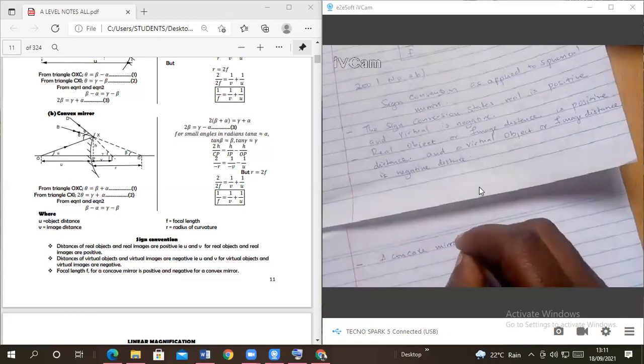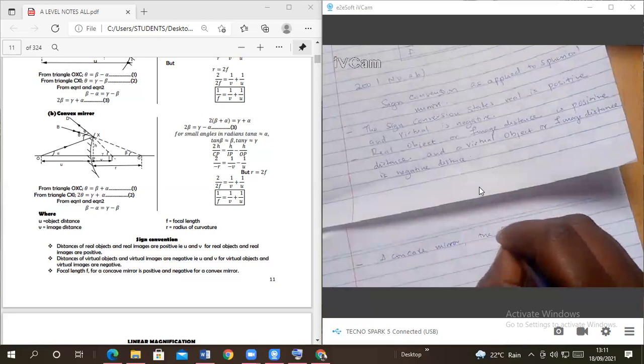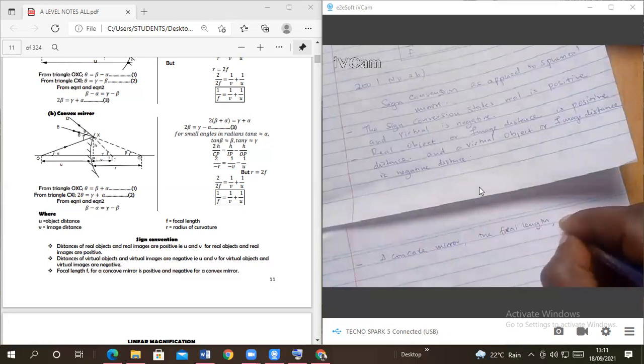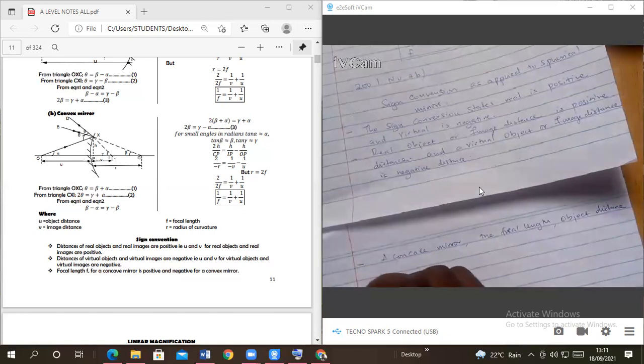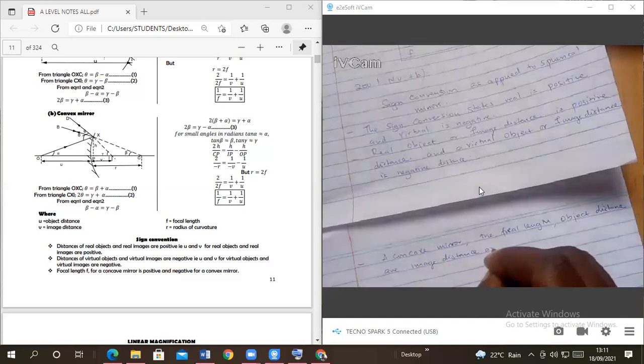So for a concave mirror, the focal length, object distance, and image distance are real.